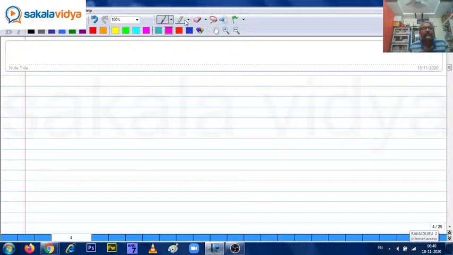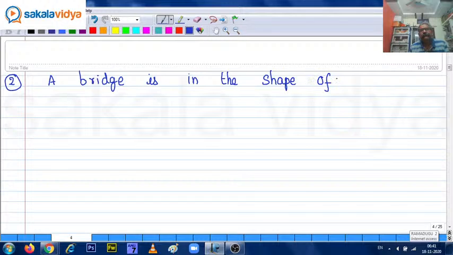Second question. A bridge is in the shape of a straight path across a river.